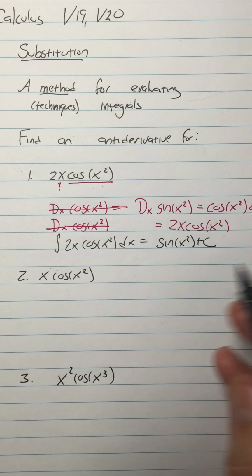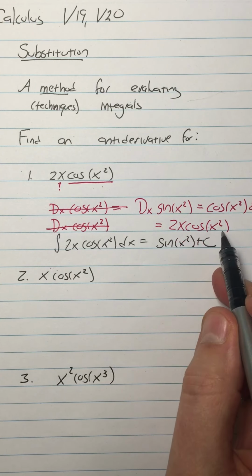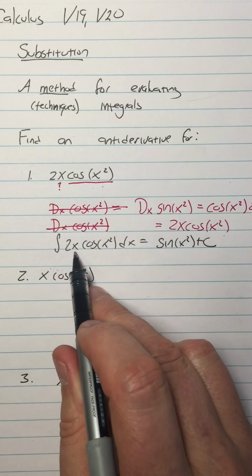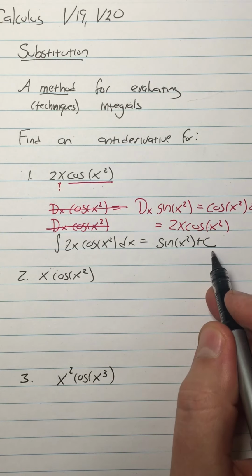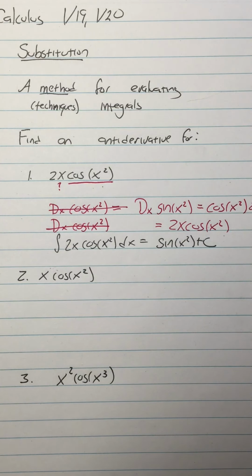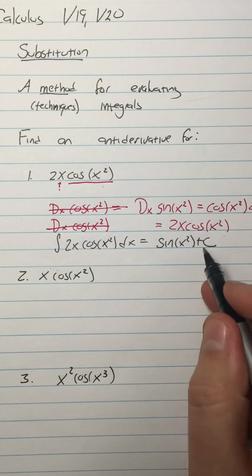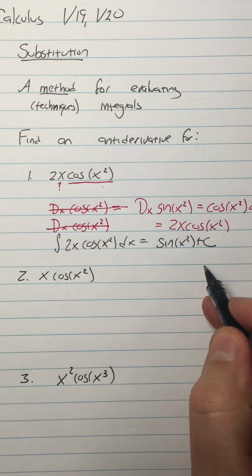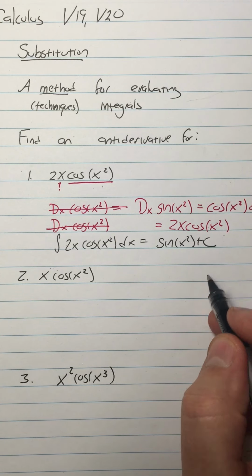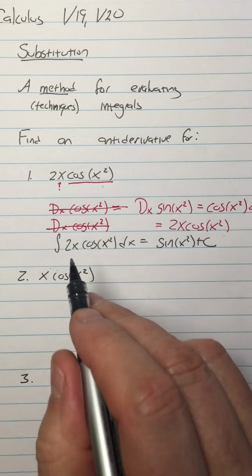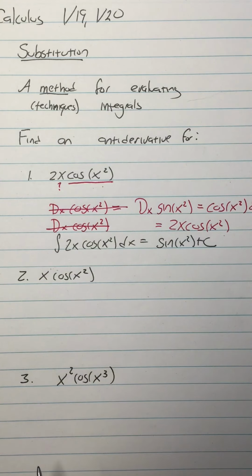The reason for that is the derivative of sine x squared is 2x cosine of x squared. So the antiderivative of 2x cosine of x squared is sine of x squared. And remember, we put the plus c because it's an indefinite integral, meaning I could have c, any constant here, and if I take the derivative of sine of x squared plus any real number, that derivative, since the c is going to go away, is still going to come out to be this 2x cosine of x squared.